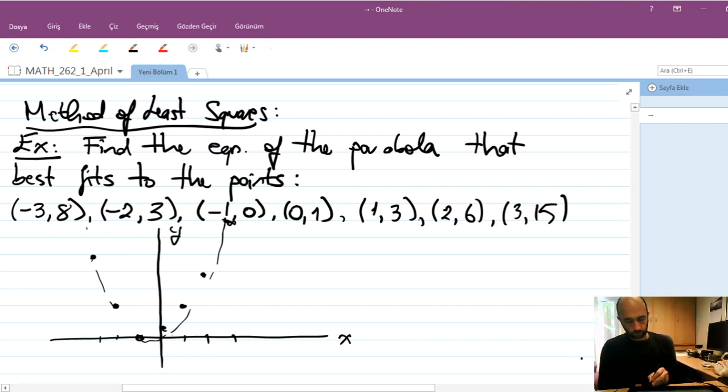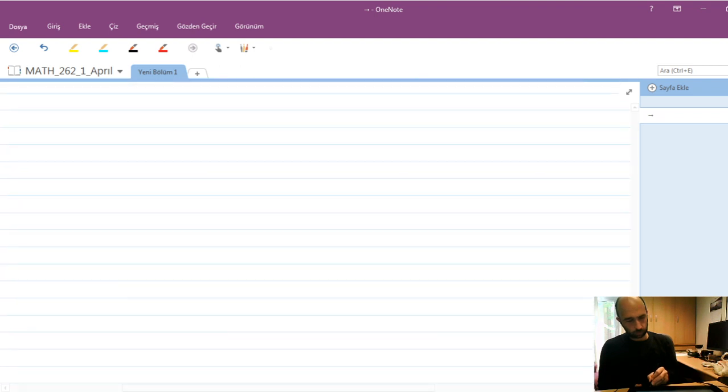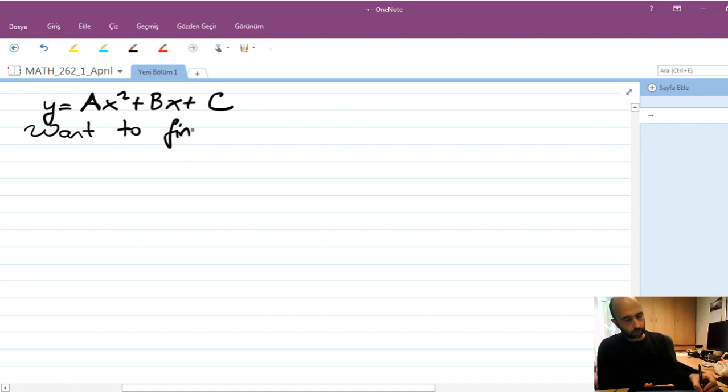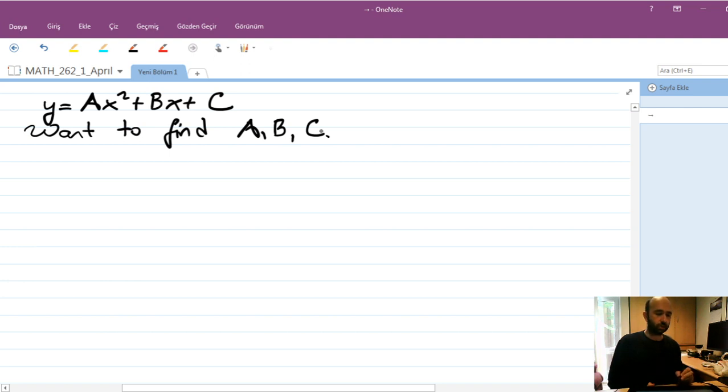Now, well, the most general parabola equation will look like y equals ax squared plus bx plus c. And we want to find a, b, and c ideally, right? Okay, we have 7 conditions. 7 points give 7 conditions.